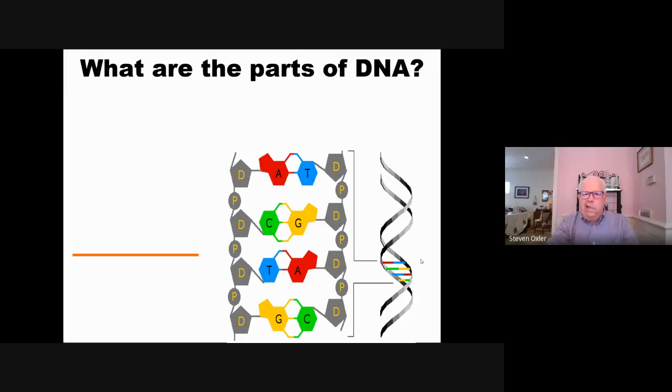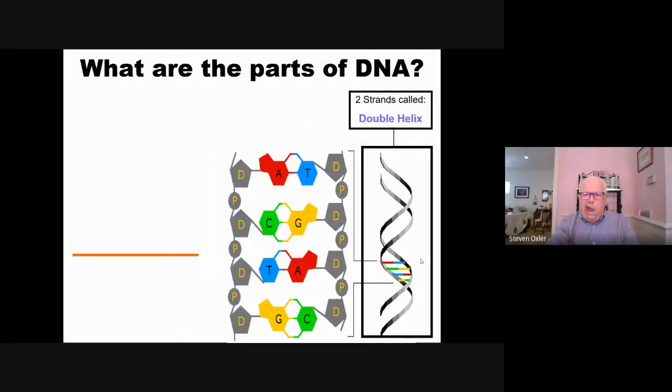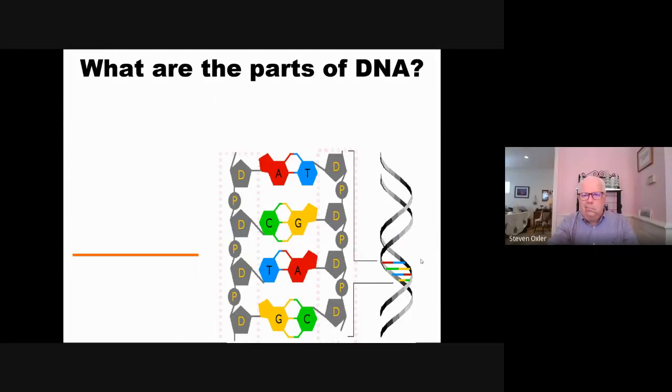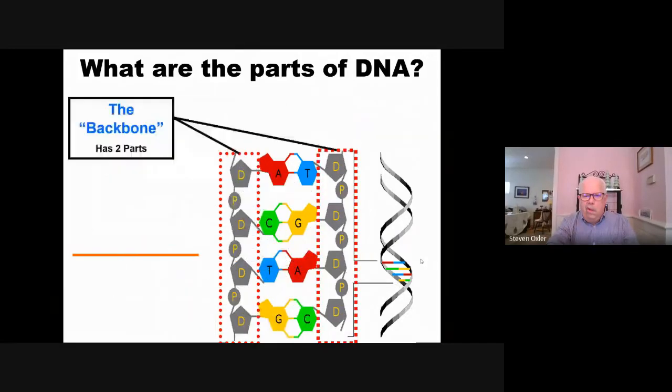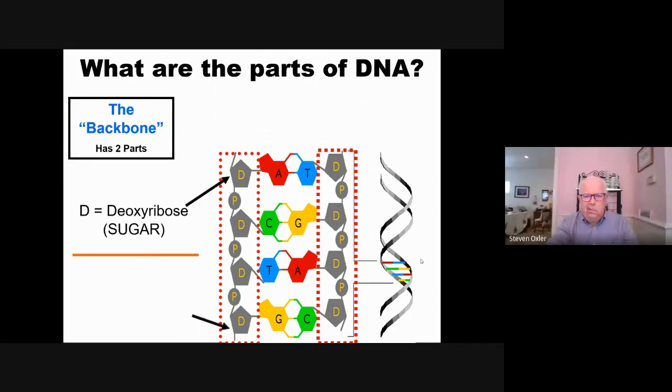What are the parts of DNA? There are two strands known as the double helix. Here they are. The backbone has two parts. A sugar, deoxyribose, the D's, and a phosphate, the P's.